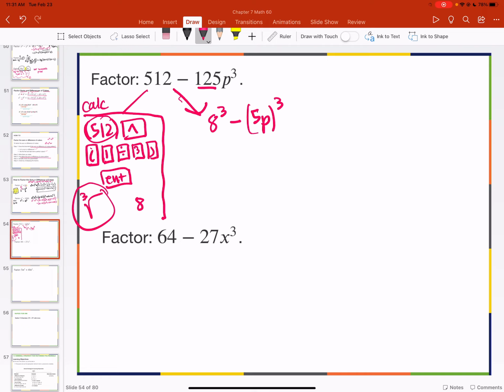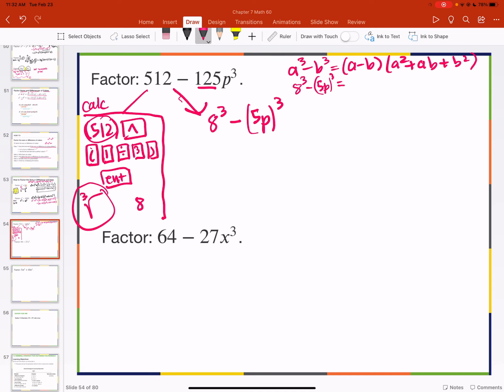Okay, fine. So then the formula, we love this formula now. It's going to become our best friend. Is that sad? Formulas are our friends. Okay, b squared. So then we have 8 cubed minus 5p quantity cubed, right?